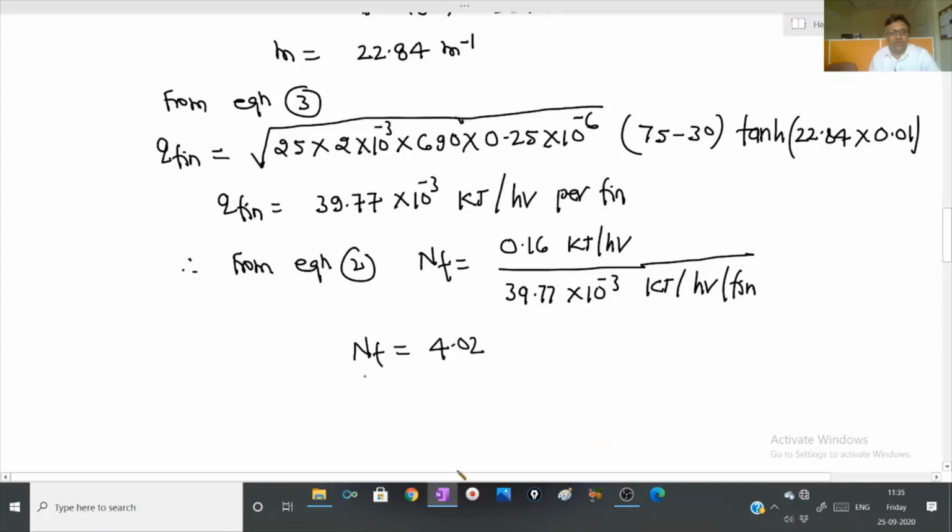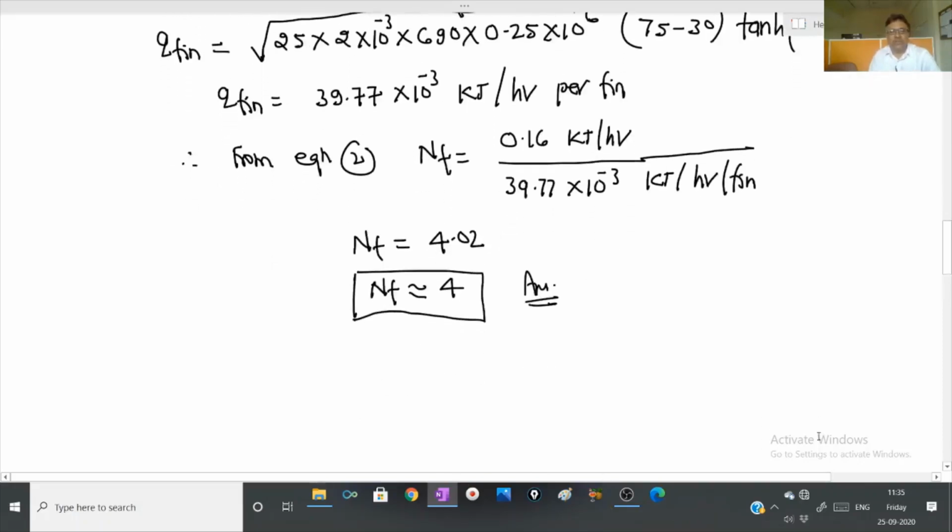So fin number cannot be fractional. The number of fins will be 4. So total number of fins provided over the semiconductor device to keep its surface temperature at 75 degrees Celsius are 4. 4 fins of square cross section can be provided. So this way you can solve this numerical.